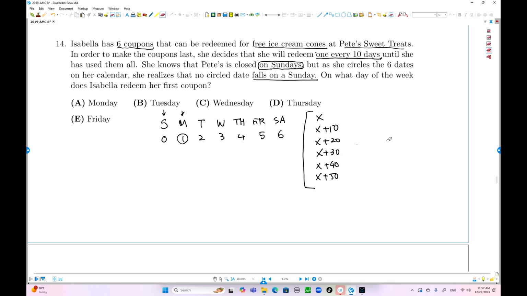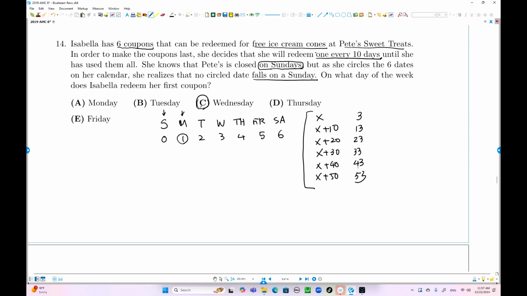Okay, let's try Tuesday. When x is 2, 10 plus 2 is 12, 20 plus 2 is 22, 32, and 42 is a multiple of 7, so it falls on Sunday. Now take a look at Wednesday. If x is 3, that is 13, 23 is still okay, 33 is okay, 43 is not a multiple of 7, 53, okay.